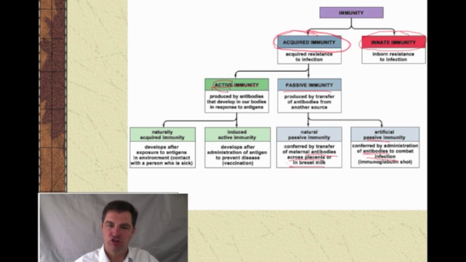Active immunity is when your immune system has responded to the pathogen. And you can either get that naturally by being exposed, for example. This is what happens with most things. If you're exposed to a cold or virus, you develop naturally acquired immunity. You get sick maybe the first time, you develop memory cells, you're less likely to get that again. But in a lot of places, like in the United States, instead of you just getting sick, we're able to induce active immunity.